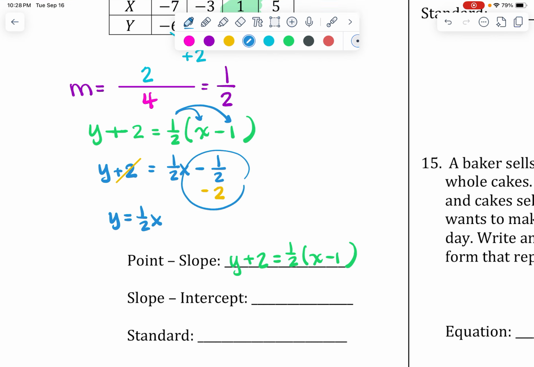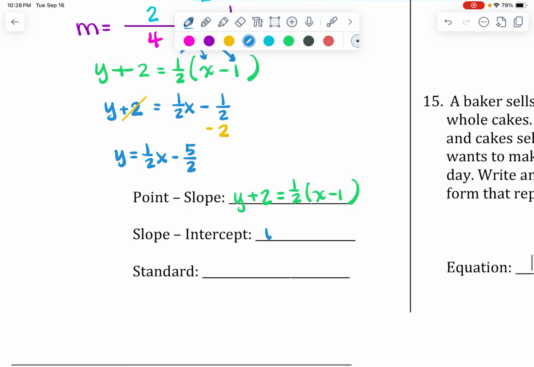Again, use your calculator if you need to here. Oh, sorry. That's going to end up giving us -5/2. And that is my y equals mx plus b form. If you want to write that 5/2 as 2.5, you're totally welcome to, because it's a nice, pretty finite decimal. I would take that also.